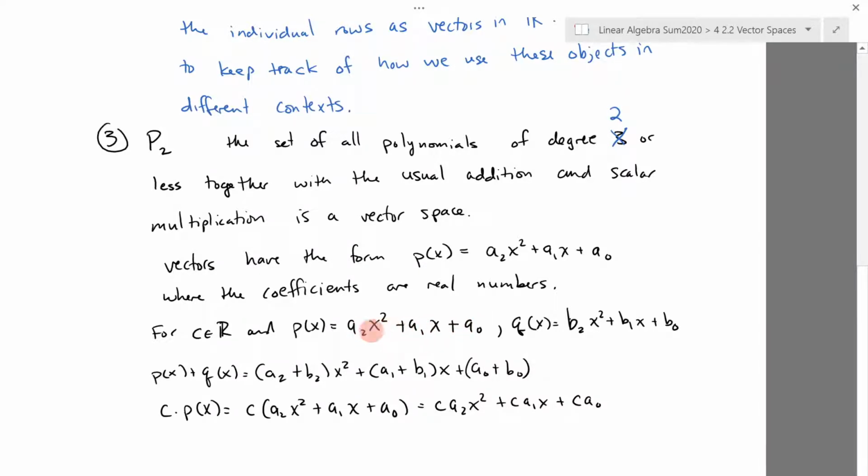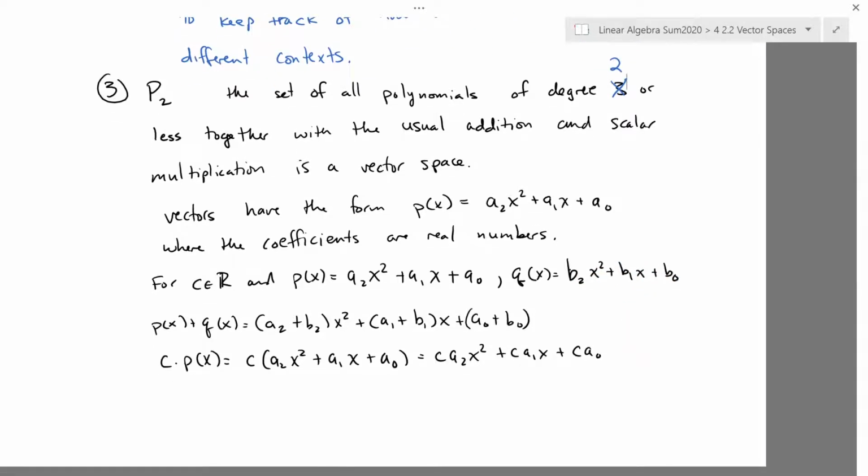Right, so you can see that this is very similar to just having a three-dimensional vector. And similarly, for this polynomial here, you can think of the individual coefficients as the coordinates. And so when you do the standard polynomial addition, it's just collecting like terms and then adding the coefficients together.